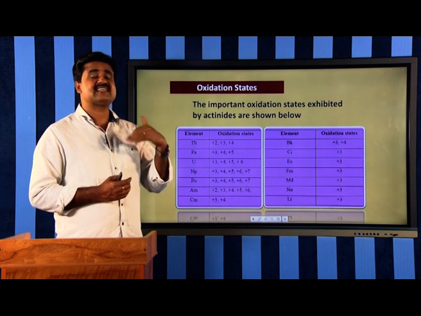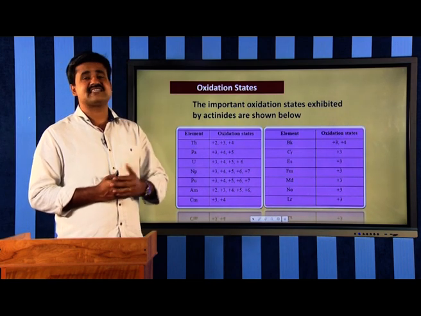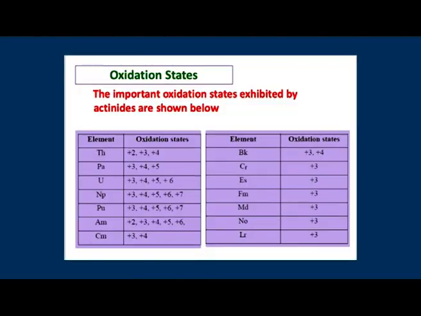Some oxidation states are highly stable, some others are highly unstable. Thorium shows the oxidation states +2, +3 and +4. For the first few elements, there is versatility in the oxidation state. But for the succeeding elements, the common oxidation state is fixed as +3.